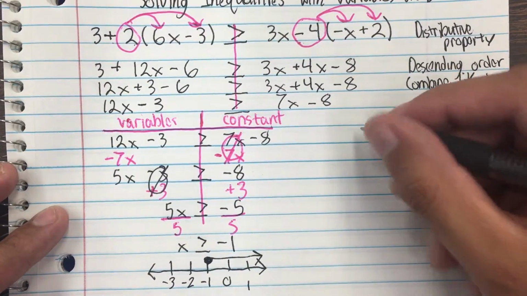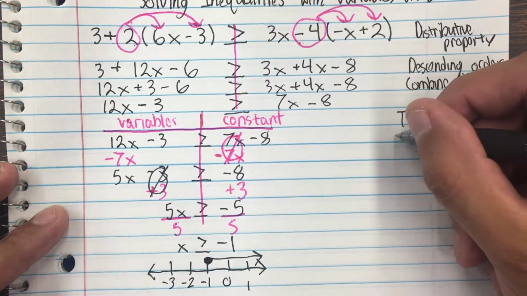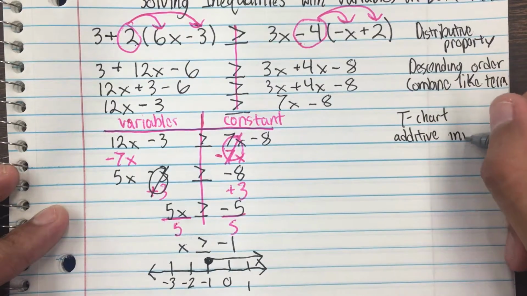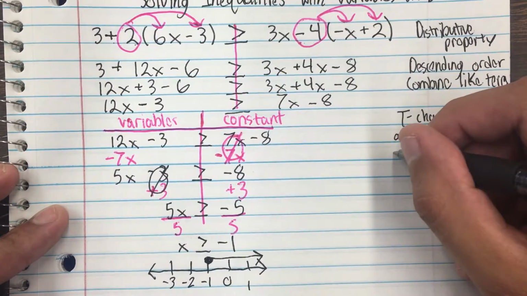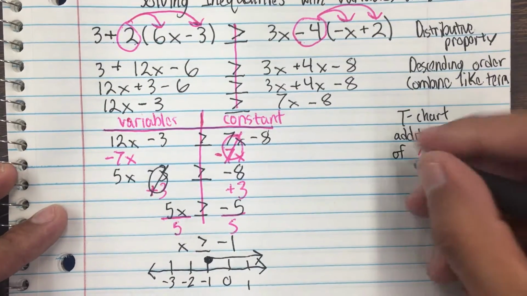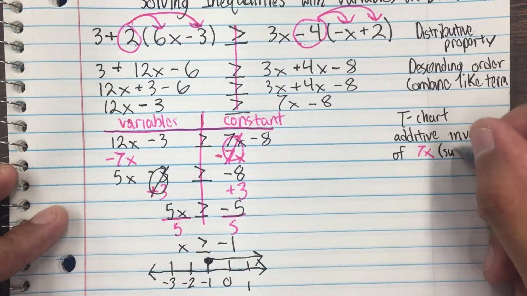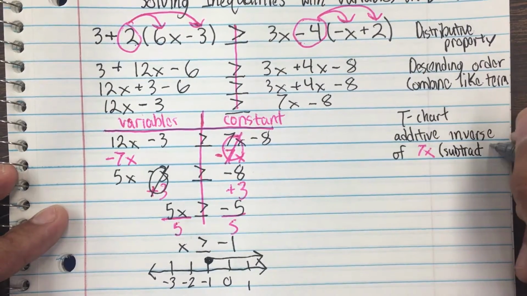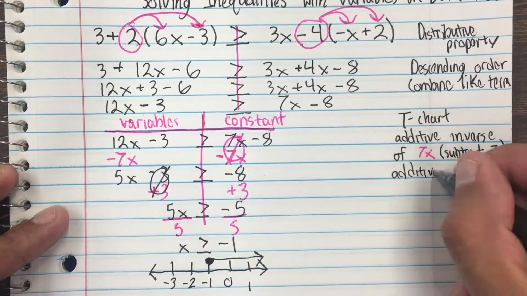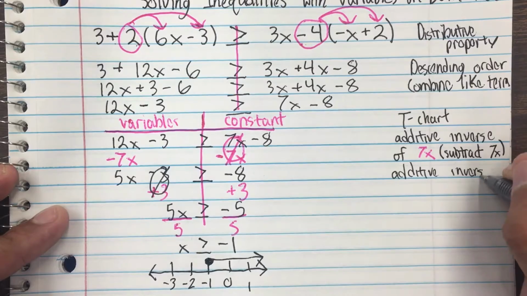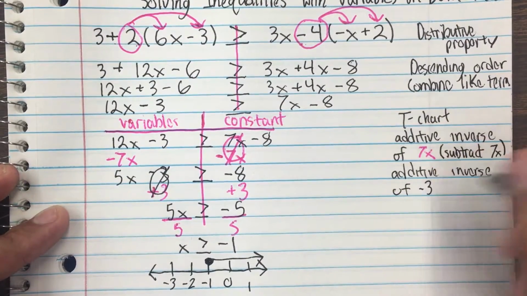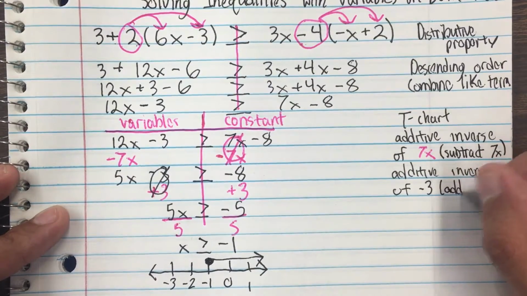Then we did the additive inverse of 7x, which is subtract 7x, additive inverse of negative 3, and now let's do add 3.